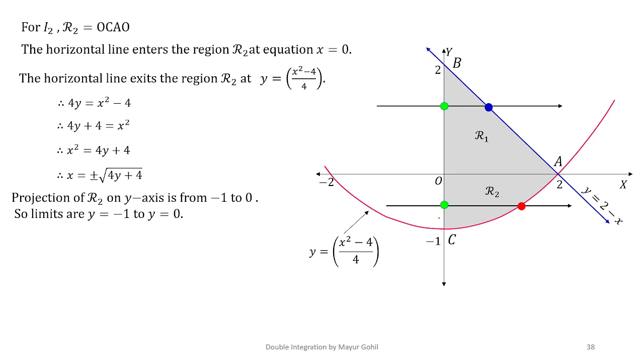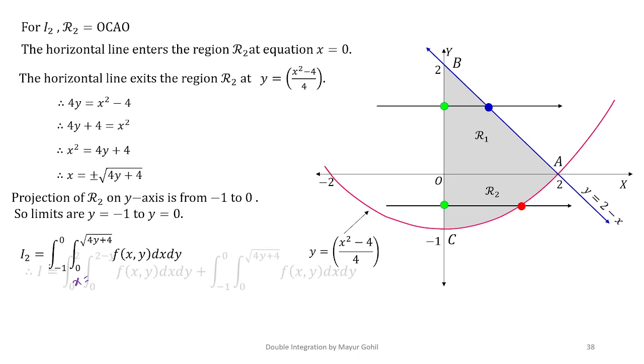Alright, so the double integral that we are going to get over here has x going from 0 to x equals the positive square root of 4y plus 4, and the limits for y are from -1 to 0.